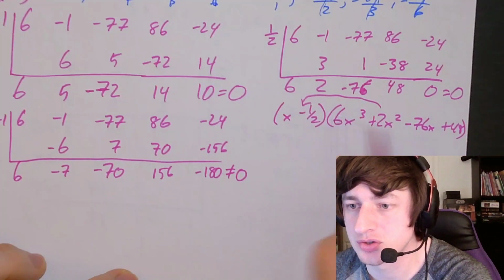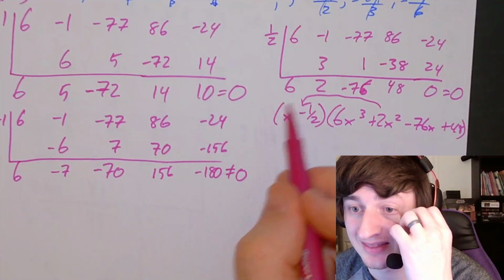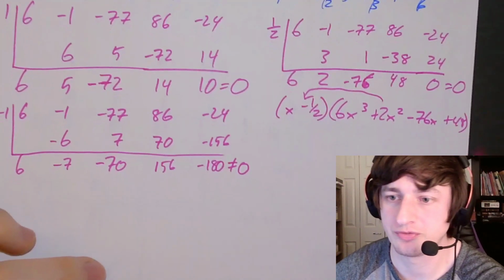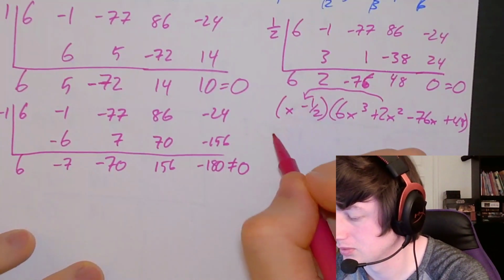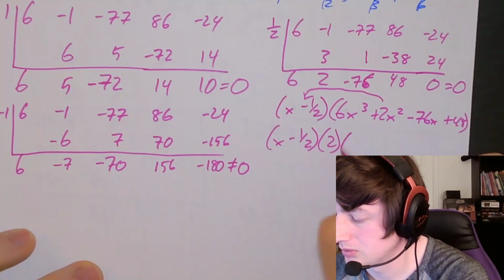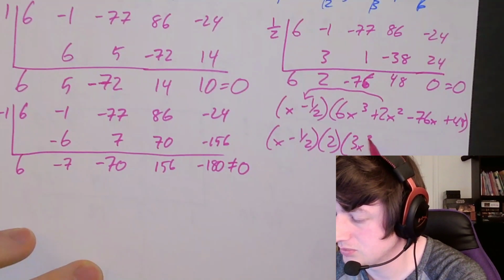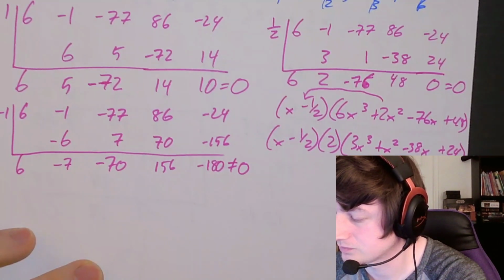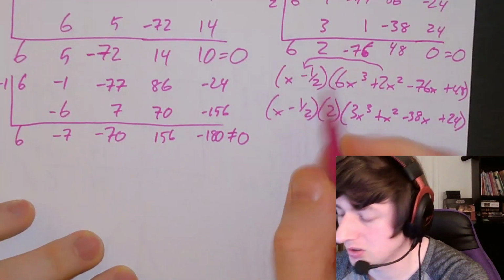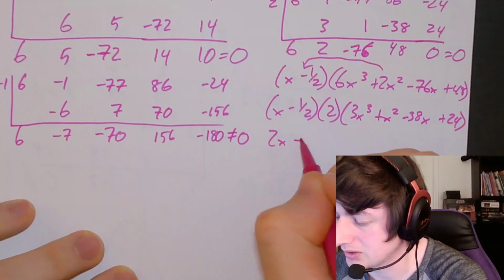I'm going to factor out a 2 out of all this and multiply it by this thing. I'm just going to move the 2. So we're factoring it out of this, x minus a half, times 2 times 3x cubed plus x squared minus 38x plus 24. And so this 2 can become 2x minus 1.